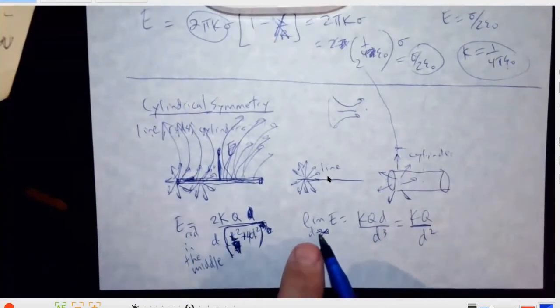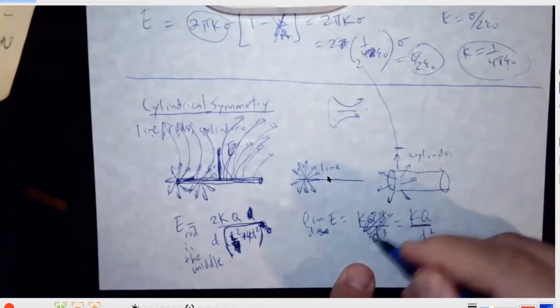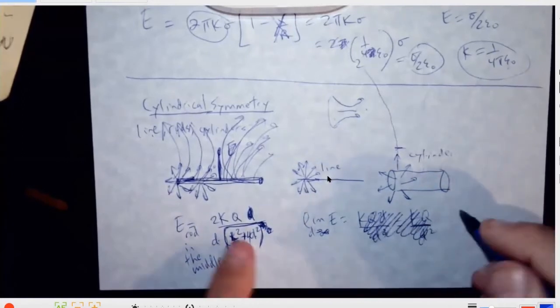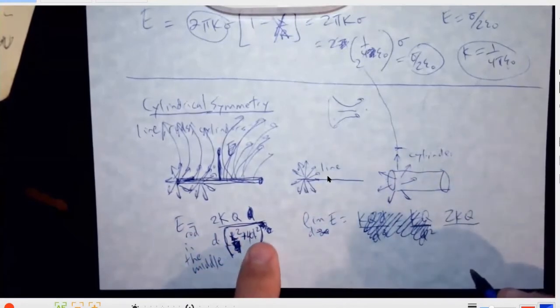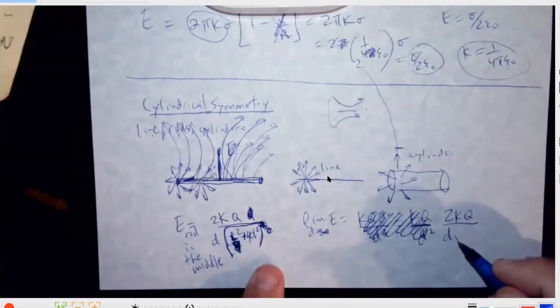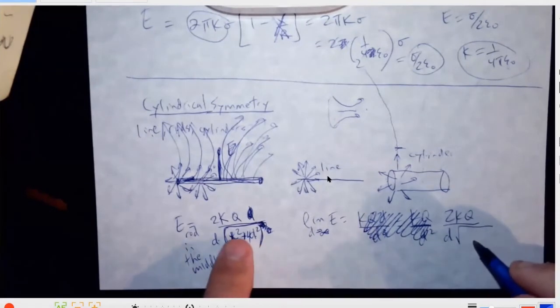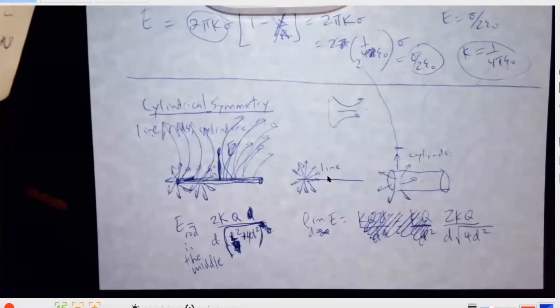But now let's do our test. Limit as d goes to infinity, what happens? 2kq. So when d goes to infinity, the L disappears. L disappears, so then you have square root of 4d squared, right?